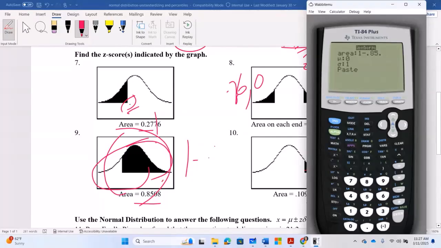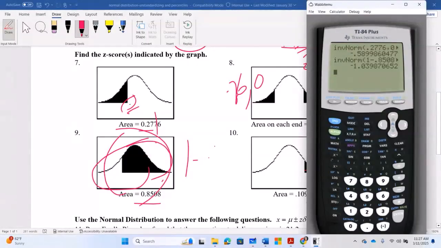Okay, and everything is good. So I'm going to hit enter, enter, enter. And then I hit enter. And I'm going to get an answer.